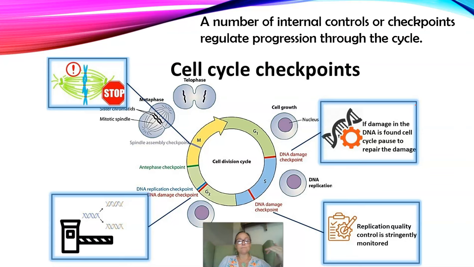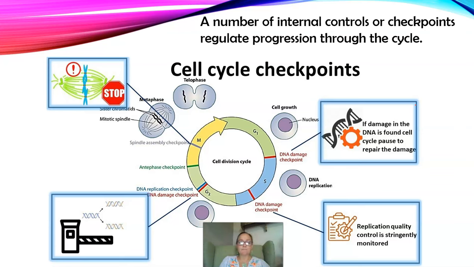Then at the checkpoint during S phase, before you go on to G2, you want to make sure that all the DNA has duplicated and it's all in the form of sister chromatids. And then before M phase, there's a G2/M checkpoint to make sure that the cell is all ready to divide.